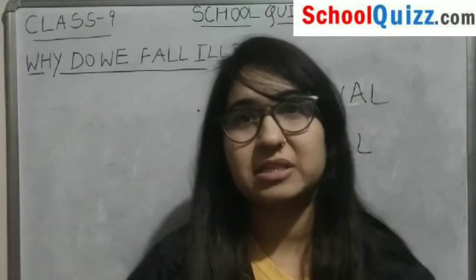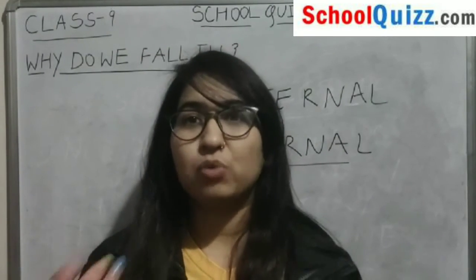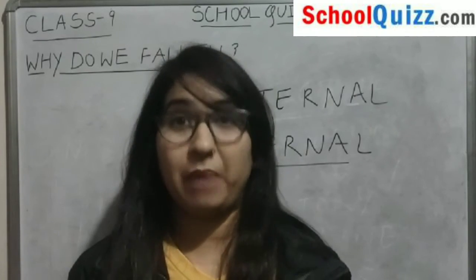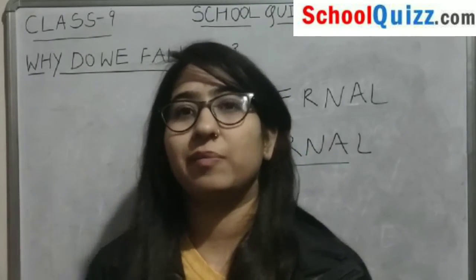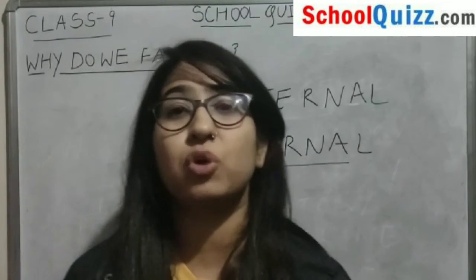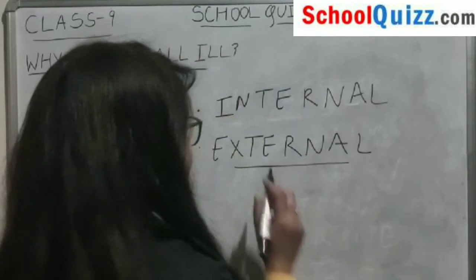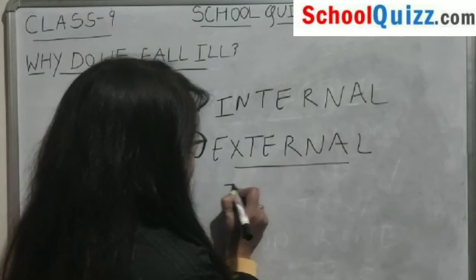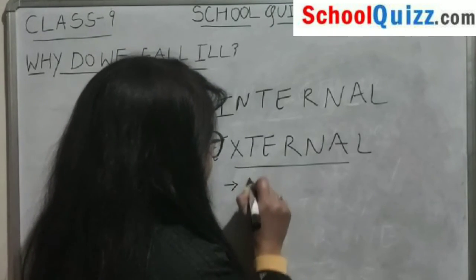When we talk about external factors, it is related to outside microorganisms or microbes because of which we fall ill. We can come in contact with microbes by means of air, soil, water or our food.